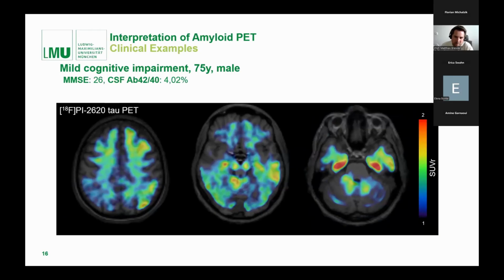So there you can even spot very tiny tau accumulation. But still, this pattern is very clear for a tau aggregation in Alzheimer's disease. So in the combination of the amyloid quantification, even with a visually uncertain amyloid PET scan, and the tau PET, you can resolve the question if this is really Alzheimer's disease pathophysiology or not.